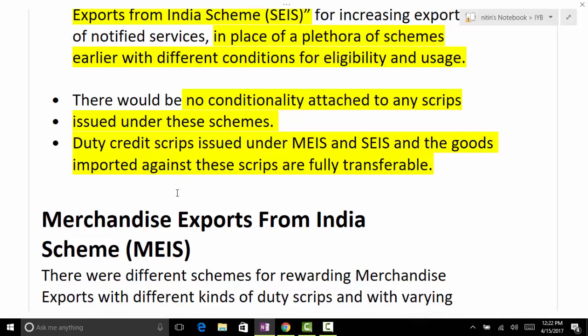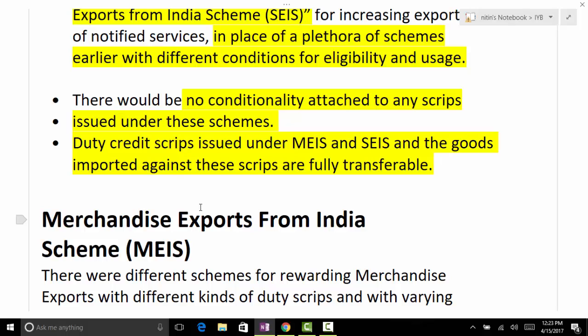What actually happens? Basically, a certain incentive is provided. For example, they're given certain benefits, right?